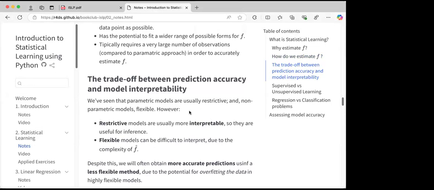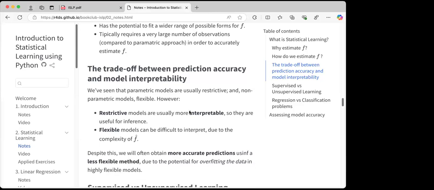If you want a more restrictive model, fine, you could have that, but there is a sacrifice because your predictions might not be as accurate as with a more flexible model.